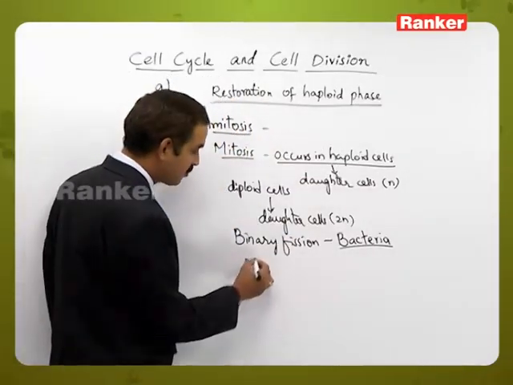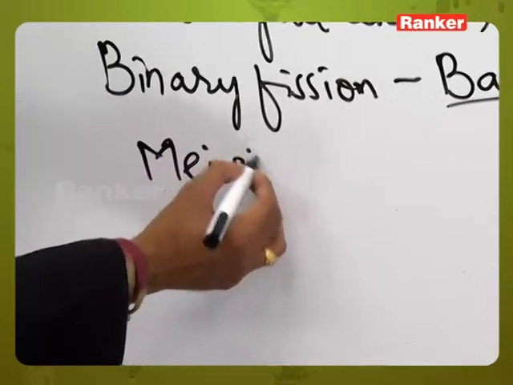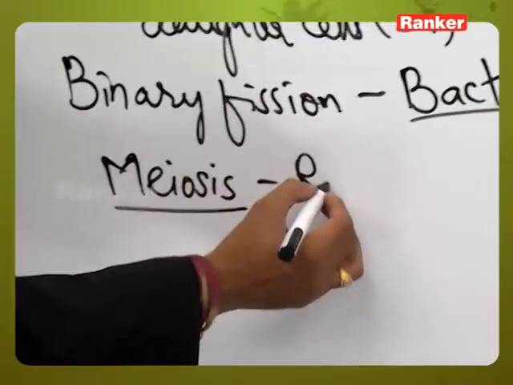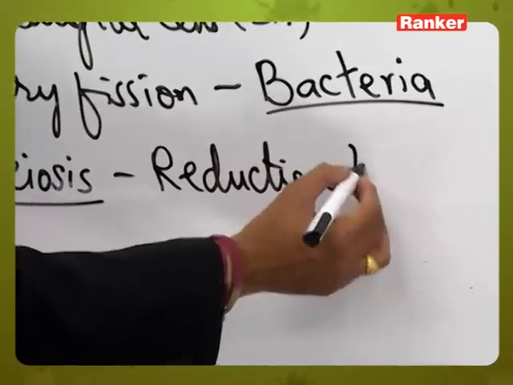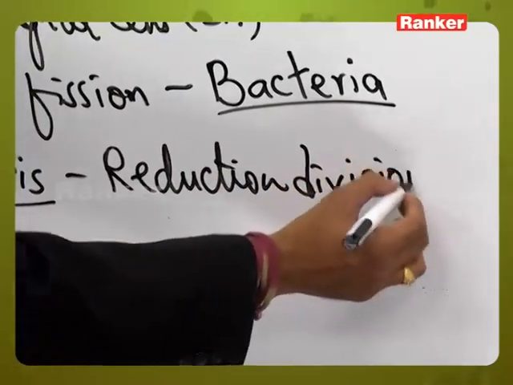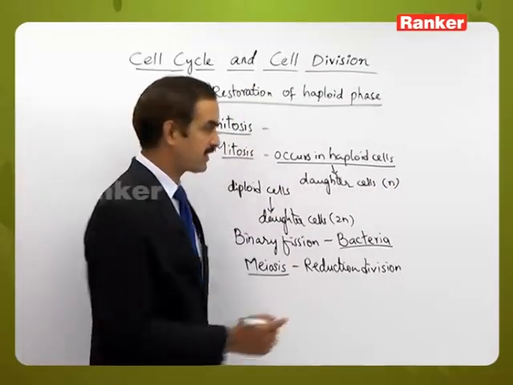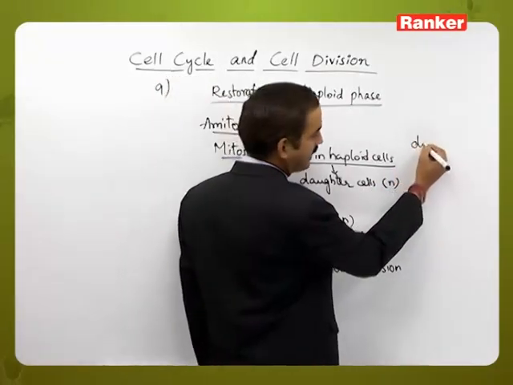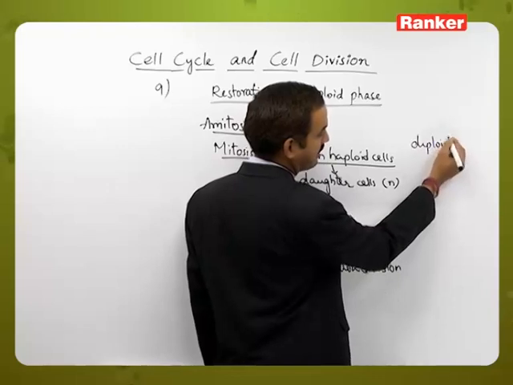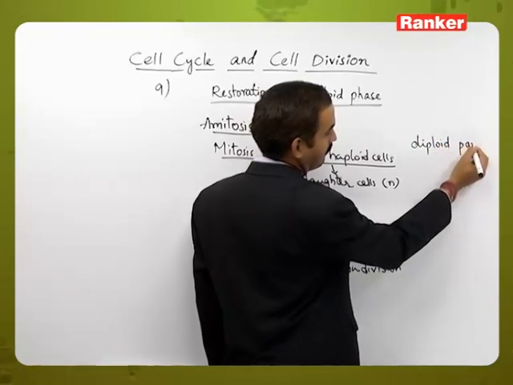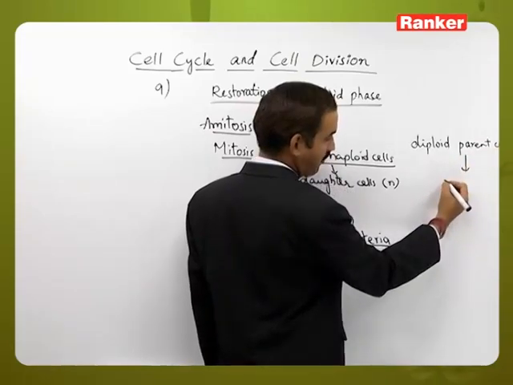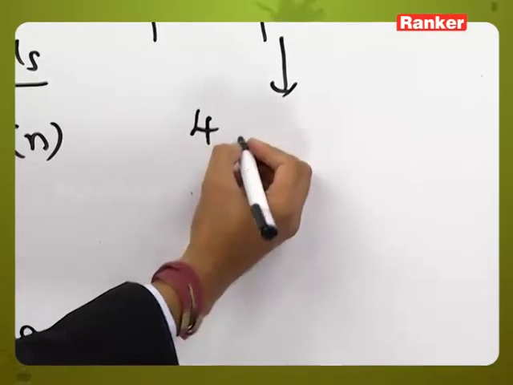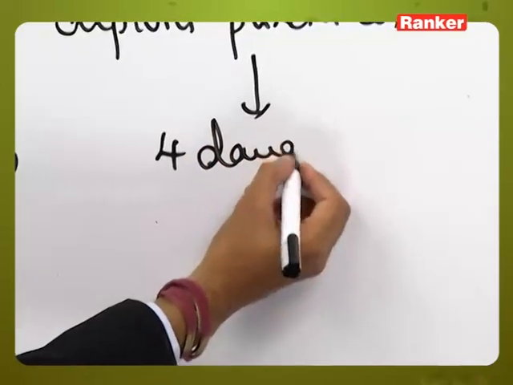And when it comes to meiosis, meiosis is a reduction division, where the chromosome number is reduced to half. For example, if a diploid parental cell undergoes meiosis, it will form 4 haploid daughter cells.